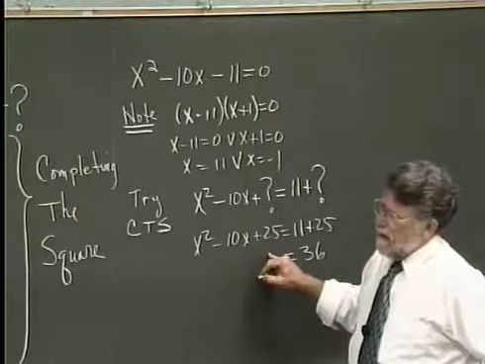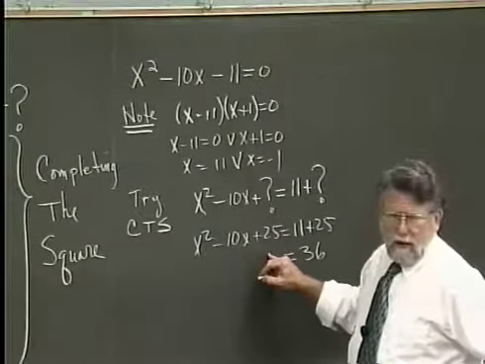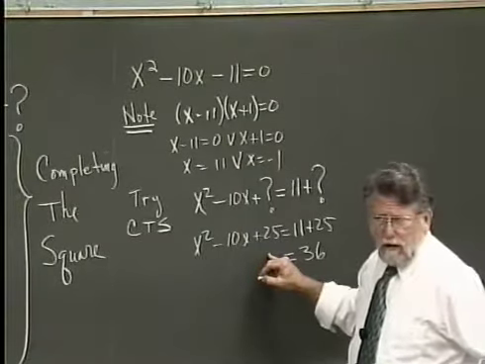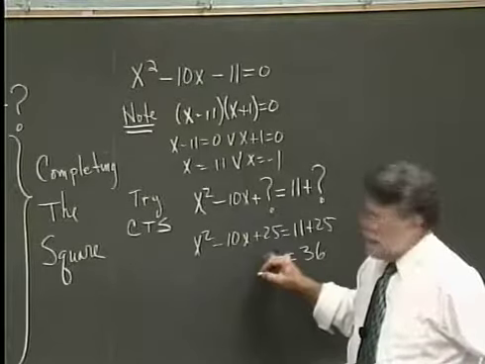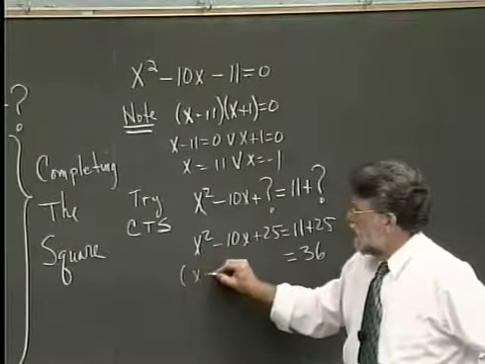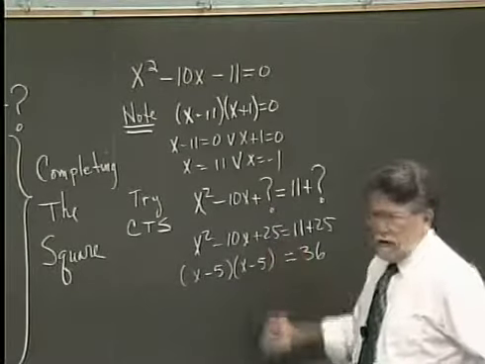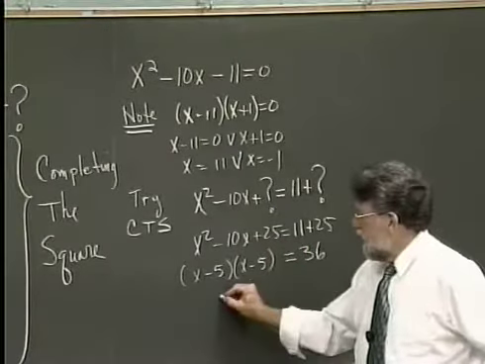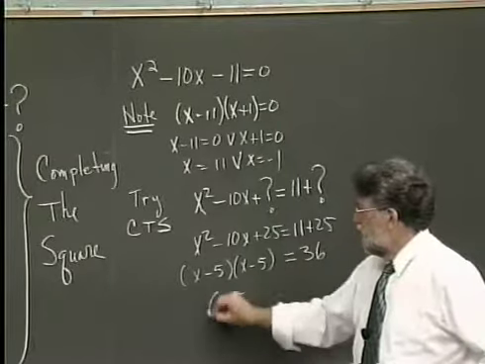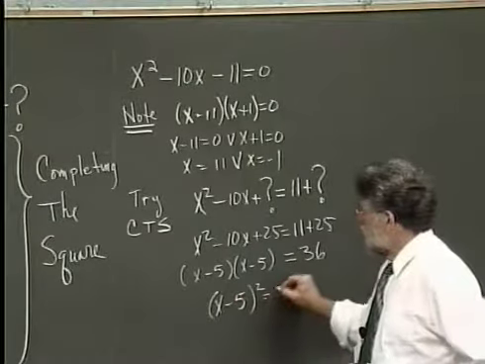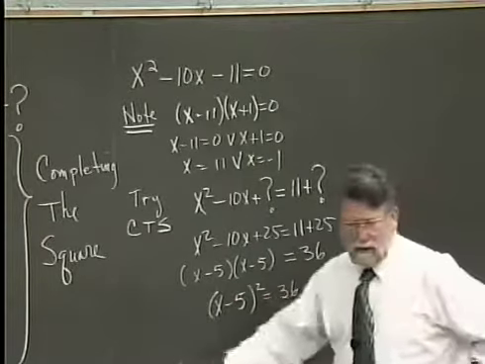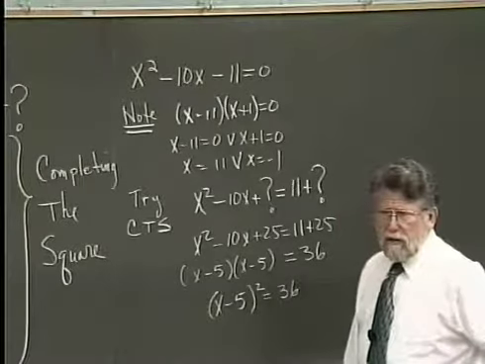To get a trinomial perfect square. This is just x minus 5 times x minus 5, which you're more inclined to read as x minus 5, quantity squared equals 36. Then you take the square root of both sides.